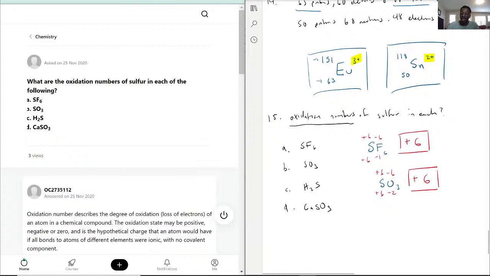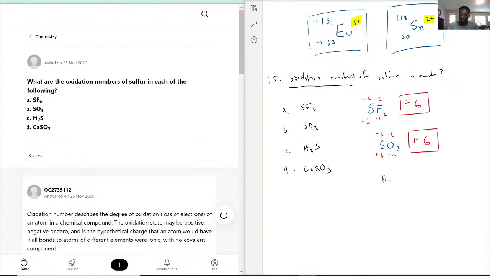Now H2S. Hydrogen, except in situations where it's bonded with a metal, for example LiH, lithium hydride, typically just likes to function as +1.